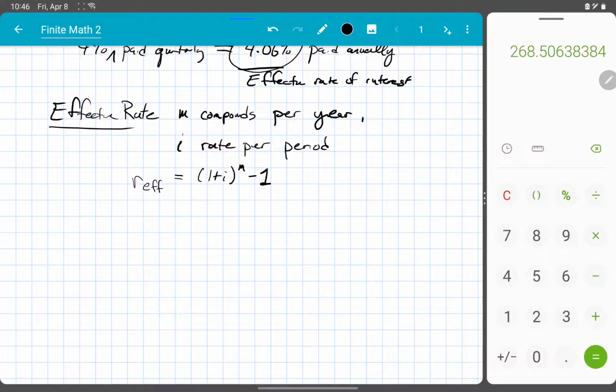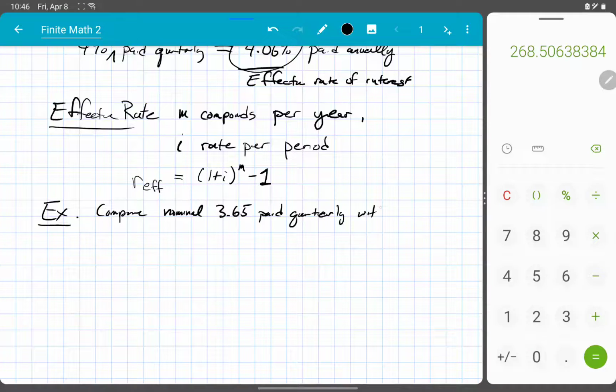So let's compare two rates that look pretty similar. Example, let's compare a nominal 3.65% paid quarterly with 3.6% paid monthly.